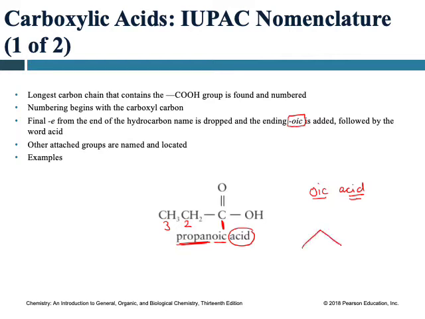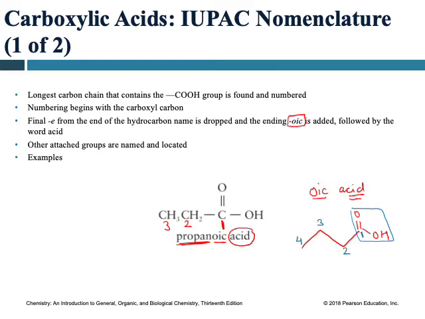For example, one more example let me give you. So this is one of the examples. Over here, this is your carboxylic acid group. The time I see a carbonyl group with an OH group attached to it, we know this is a carboxylic acid group. So we have to assign the lowest number to this carbon, the carboxylic acid carbon.